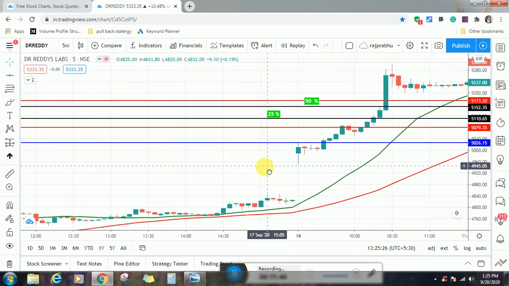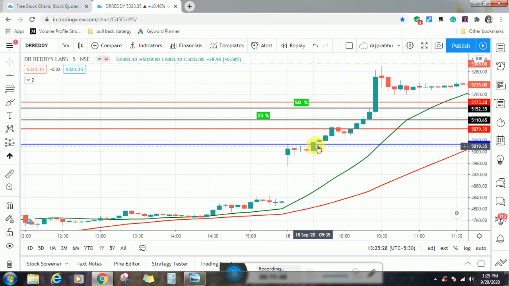It's very simple. You can use these levels whenever the price breaks the high.